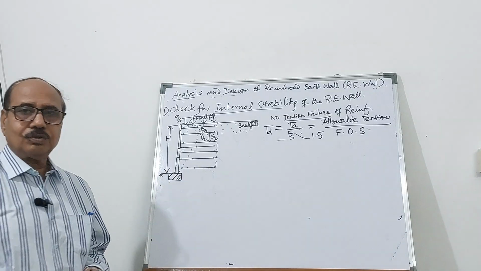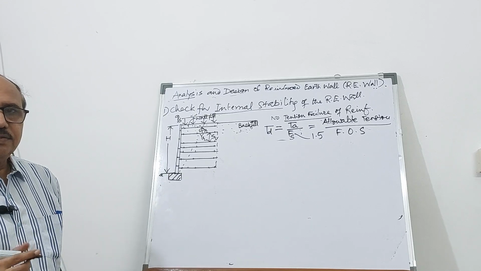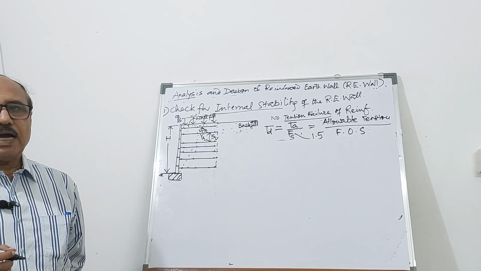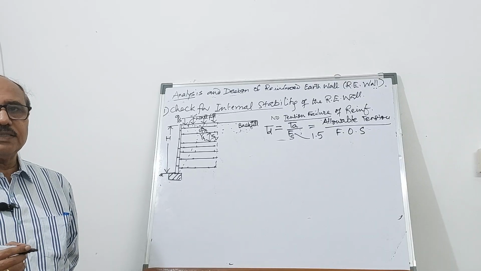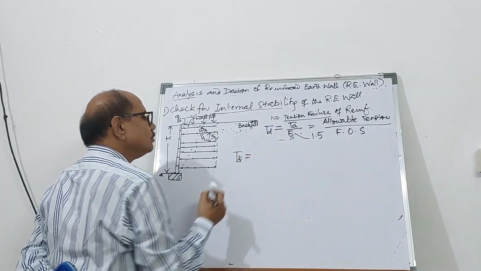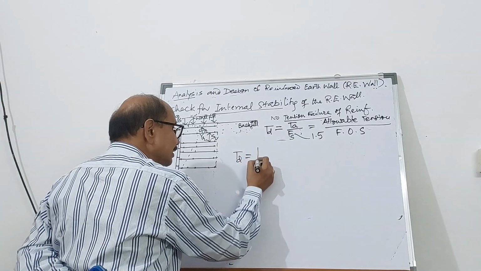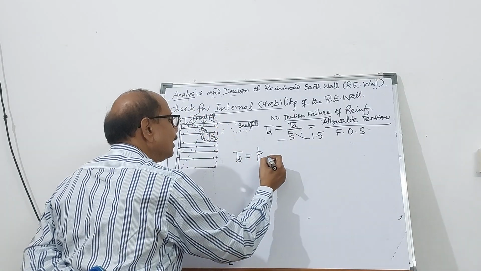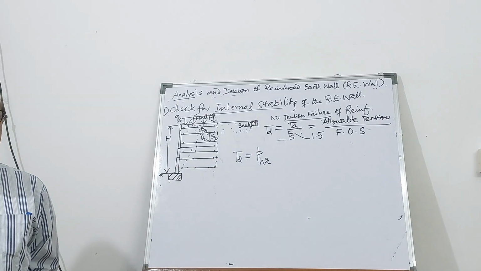So once I get the value of SV, how I can find it out? I have already seen that TD, the tension that is getting developed, or design tension, is a function of the horizontal pressure due to surcharge and overburden in the reinforcing zone, PHR, which I have computed just now.